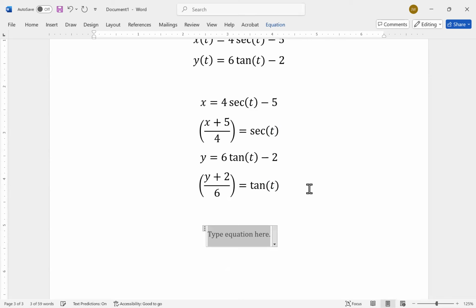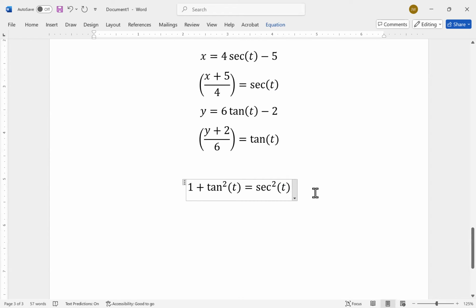At this point, we employ the Pythagorean identity with secant and tangent, which says 1 plus tangent squared of any angle is equal to secant squared of that same angle. In particular, it'll work for t. Now I just replace tangent with y plus 2 over 6, and I'll replace secant with x plus 5 over 4.